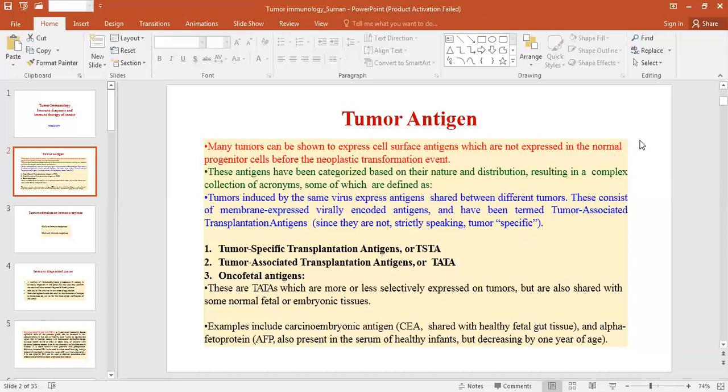Tumors or neoplasia is said to develop when the balance between cell death and renewal is disturbed in a way that numerous clones of a single cell group are produced in an uncontrolled fashion.